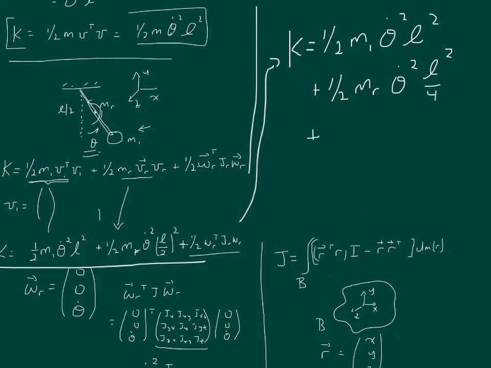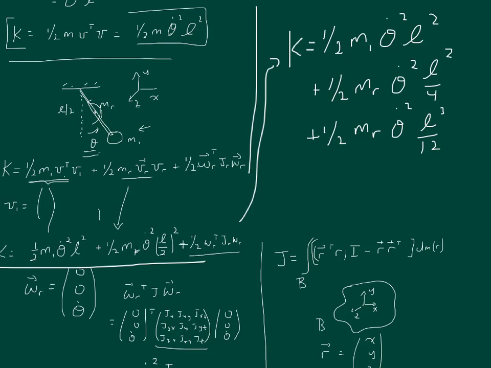And then from the third term, 1/2, this would be the mass of the rod, times theta dot squared, times L cubed over 12.